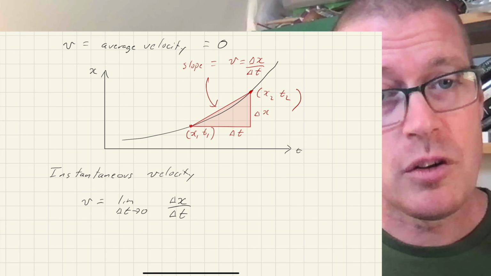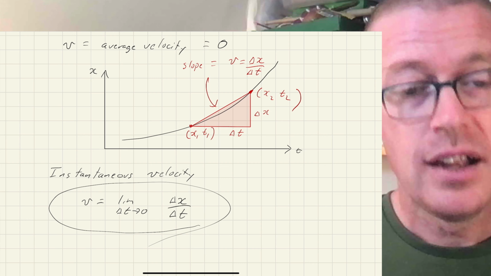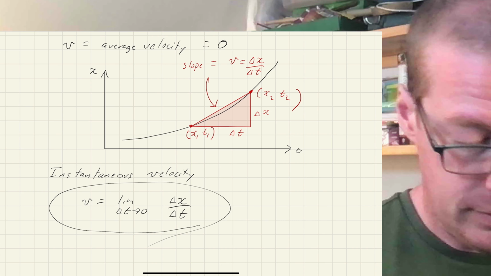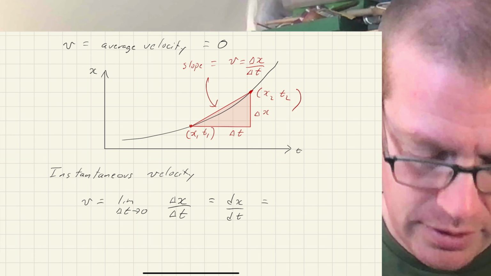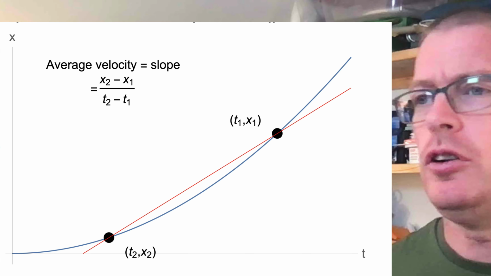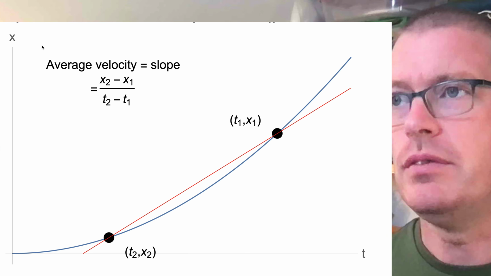You should recognize from your calculus class that this is exactly the definition of the derivative, which is just the slope of the tangent line. Here's a little graphical demonstration.